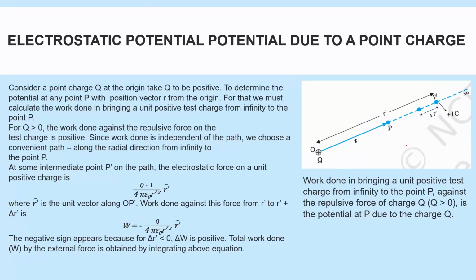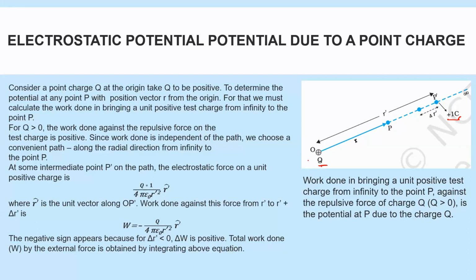There is going to be an electric field due to this charge Q, which is a positive charge placed at the origin, and then we are bringing another charge, again a positive charge, from infinity to P. Now obviously since both of them are positive, the force is going to be a repulsive force between them, so the external work that is going to be done in bringing it from infinity to P is going to be negative of the electric field that is present because of the charge capital Q.